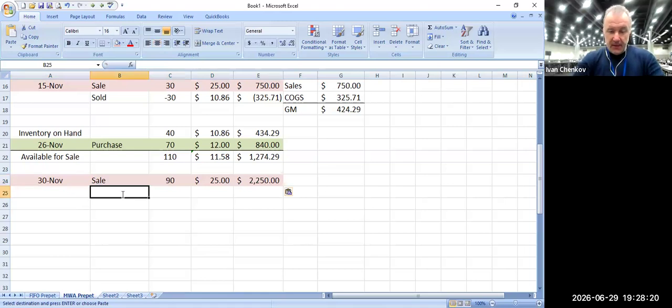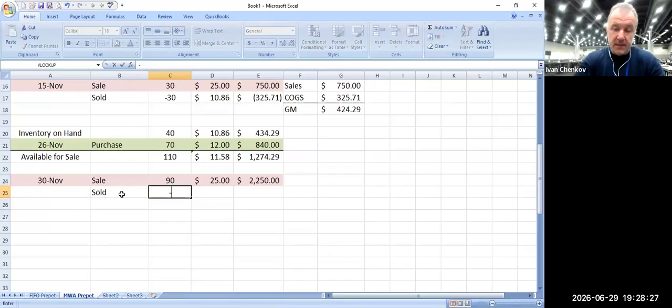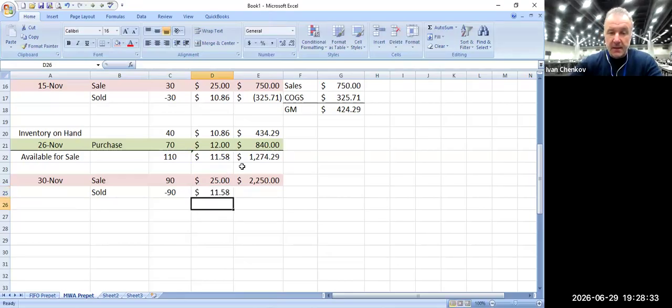We're selling from the units that we have. That's minus 90 here. And we already have the cost of those units, which is 11.58. So our cost of goods sold in this case will be 90 times 11.58, and that's going to be 1042.60.